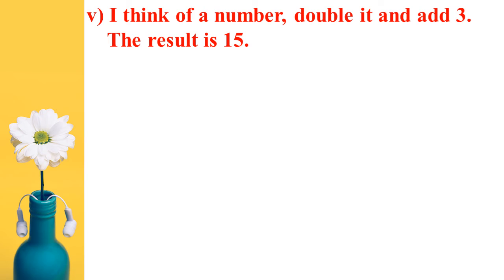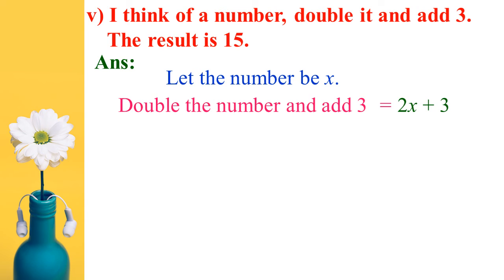The next one, I think of a number, double it and add 3. The result is 15. So let the number be x. Double the number and add 3. Double means we have to multiply 2 with x. So we get 2x plus 3.